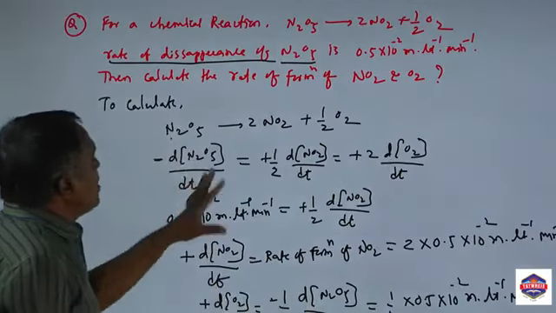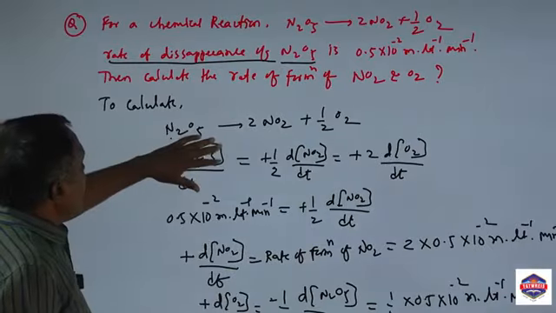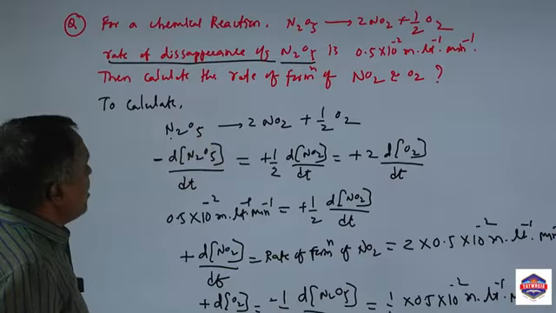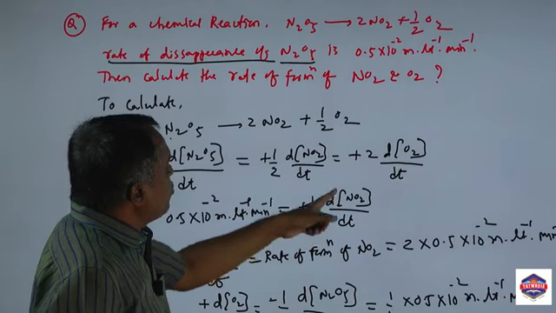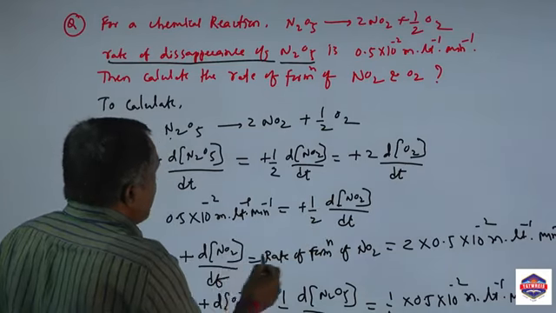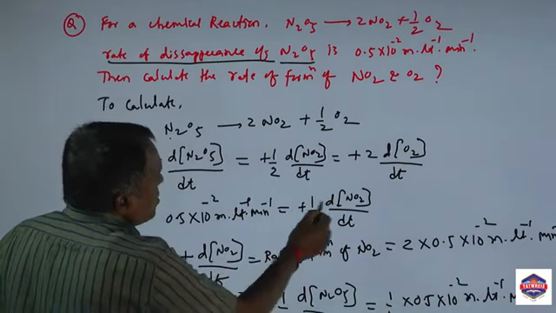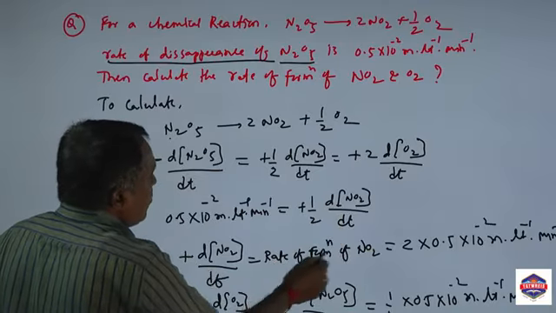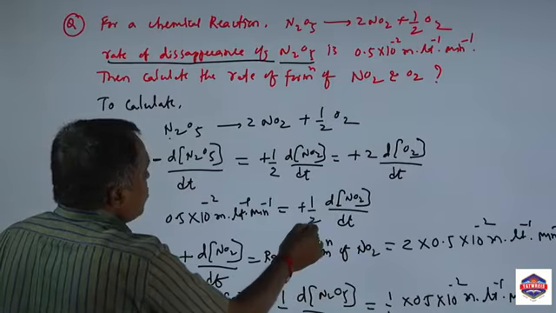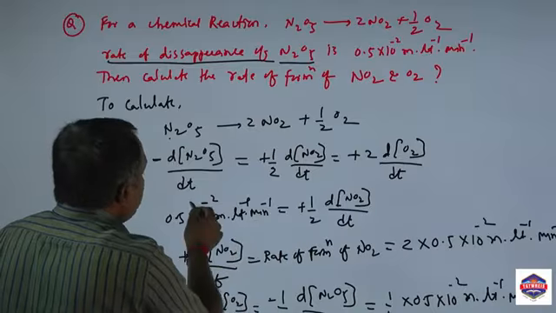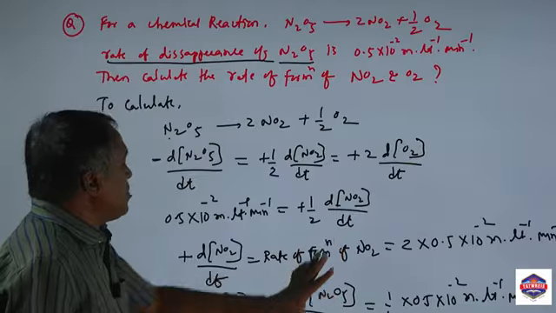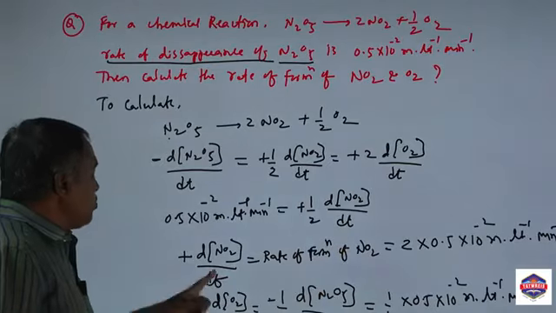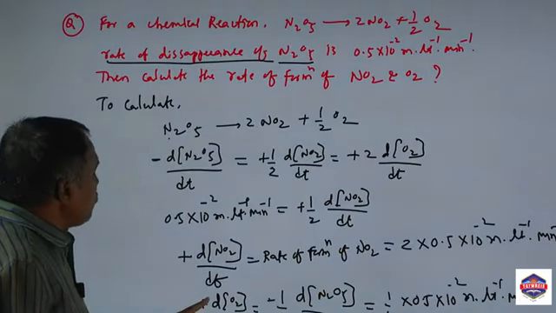So basing on this, this is given, 0.5 into 10 to the power minus 2 mole liter inverse minute inverse, equal to plus 1 by 2 dNO2 by dt. But we want only plus dNO2 by dt, the rate of formation of NO2, which is 2 into 0.5 into 10 to the power minus 2. That is the rate of formation of NO2, and this is dO2 by dt, the rate of formation of O2.